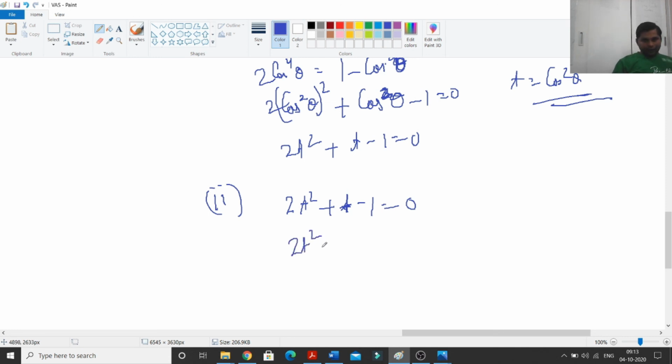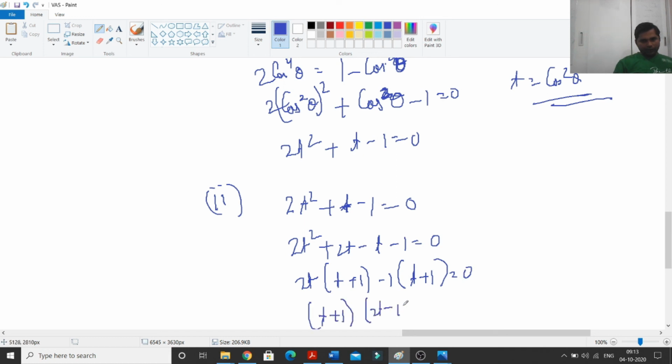If you use the factorization method, you will get 2t square plus 2t minus t minus 1 equals 0. 2t common, so t plus 1, minus 1 common, t plus 1. So it will give you t plus 1 times 2t minus 1 equals 0.